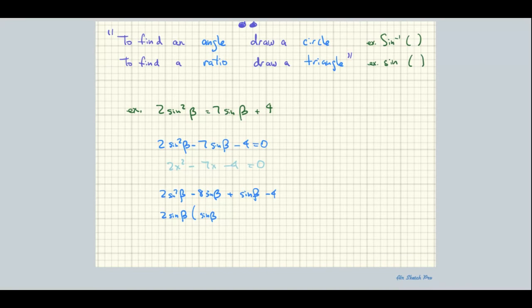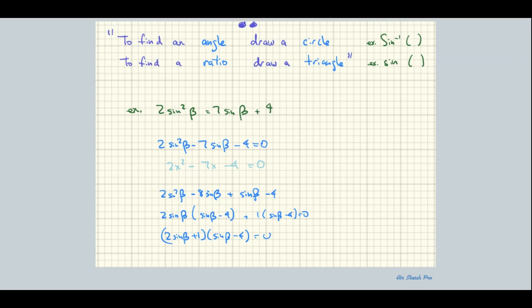Divide by 2 sine beta, I get sine beta minus 4, plus 1 times sine beta minus 4, and there's the factorization: 2 sine beta plus 1 and sine beta minus 4.